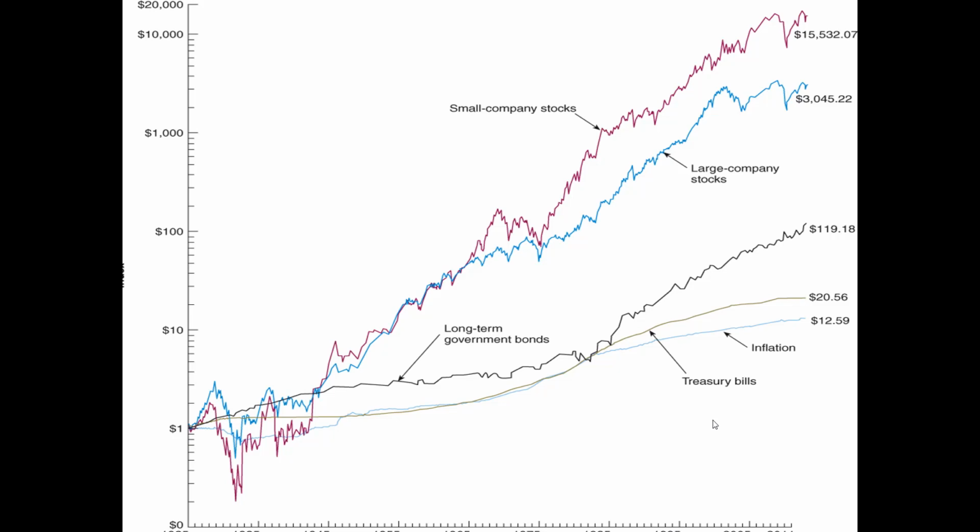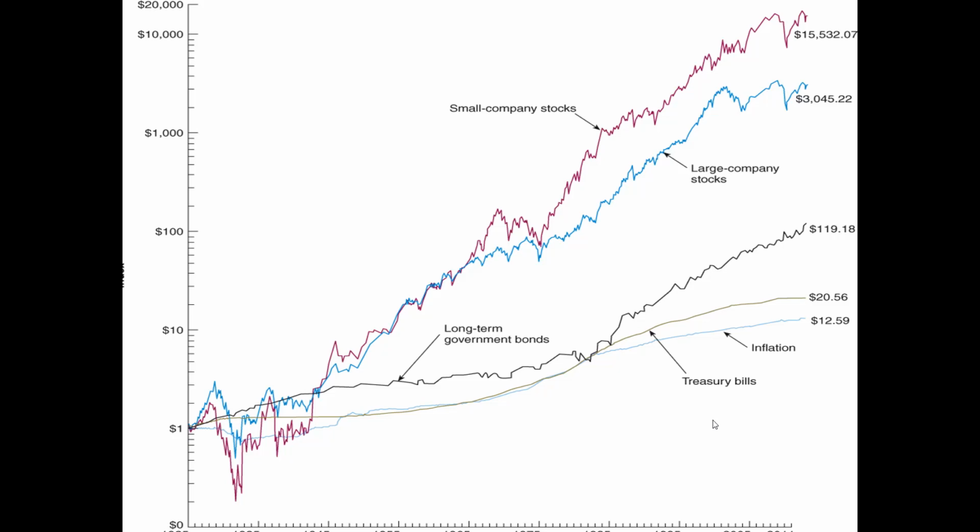I mean, the end result after this, it's an 80-something year period, is that that $1 that you invested would be worth $15,532 if it were invested in small cap stocks, versus about $3,000 if you had invested in large cap stocks.